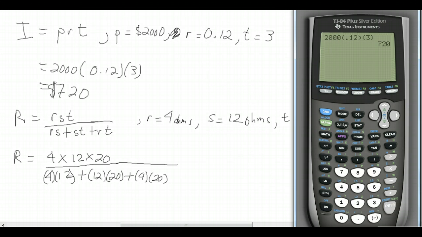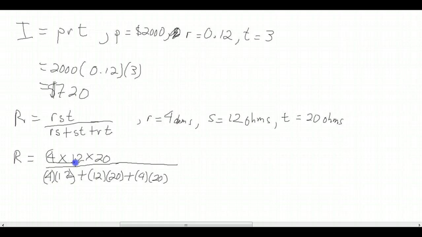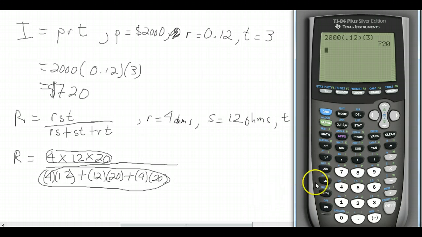Okay, so let's pull up our calculator. The long division bar here means that you need to work out the entire top expression, then work out the entire bottom expression, and then do the division. So on the calculator, it's going to look like this.